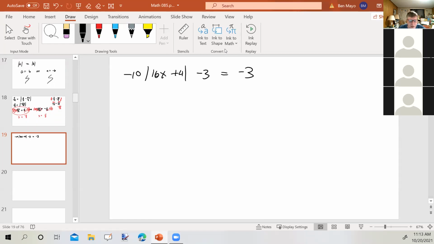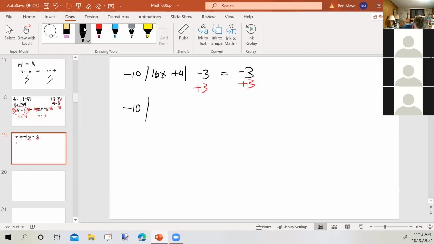Now be careful, because you might look at this and say, oh, it's equal to a negative number, so there's not going to be any solution. Careful. The absolute value has to be isolated and then equal to a negative number for there not to be a solution. So first of all, we've got to isolate the absolute value. So I'm going to add 3 to both sides.